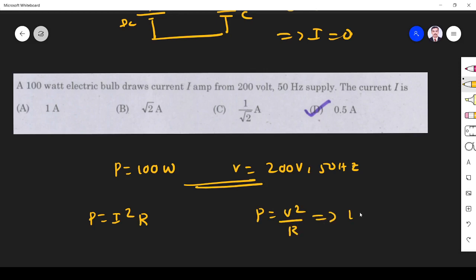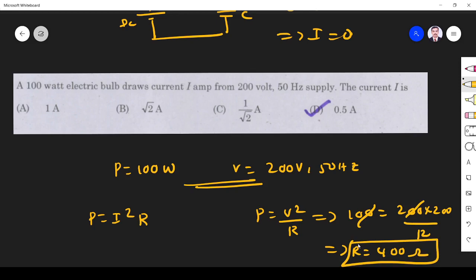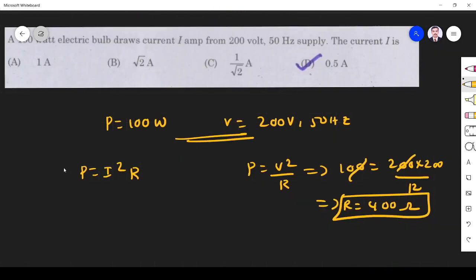This implies 100 is equal to 200 into 200 divided by R. So this implies R is equal to 400 ohm. R I got 400. So P is, I know, 100, I squared into R, 400.